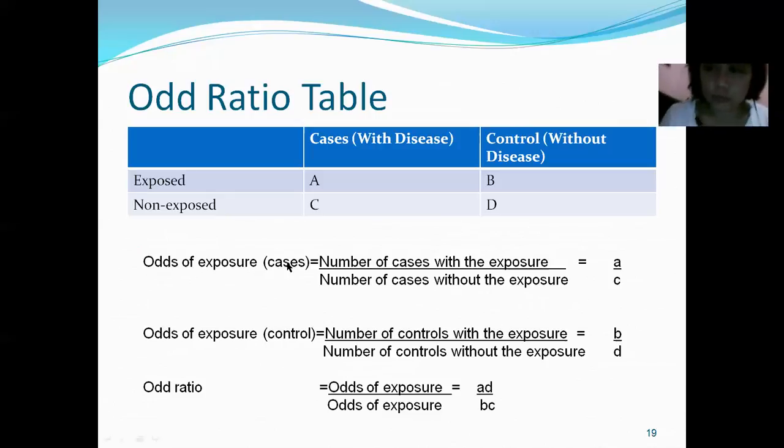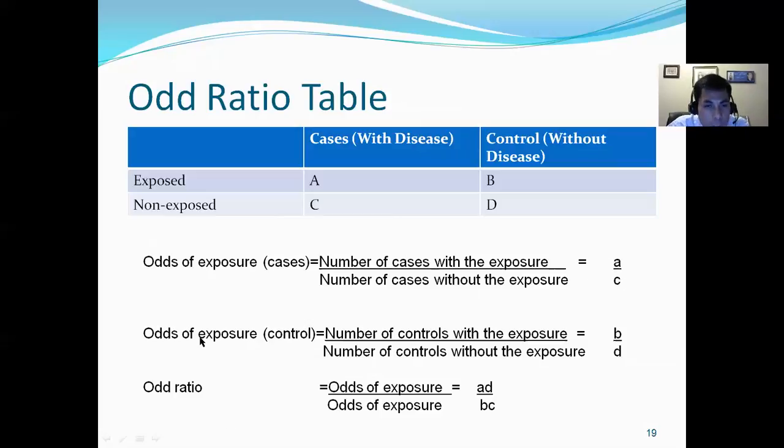By looking at the odds of exposure among the cases, you can obtain it from the number of cases with exposure divided by the number of cases without the exposure. So that's A divided by C.